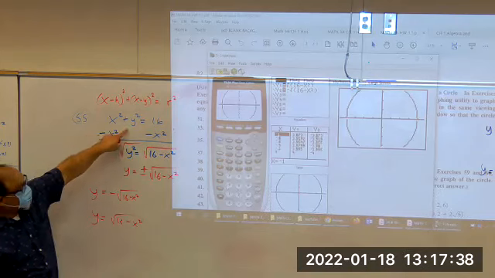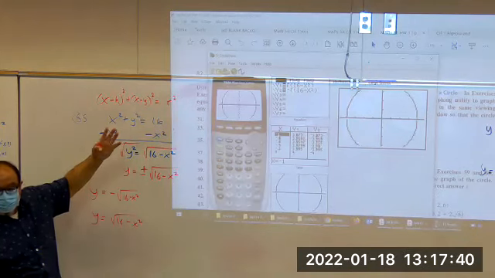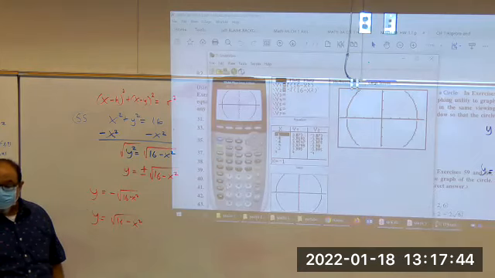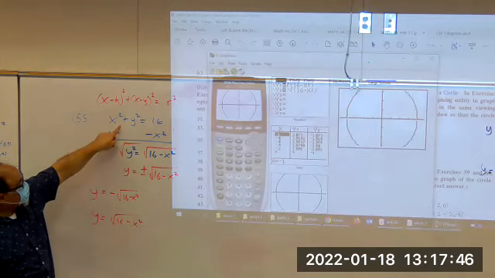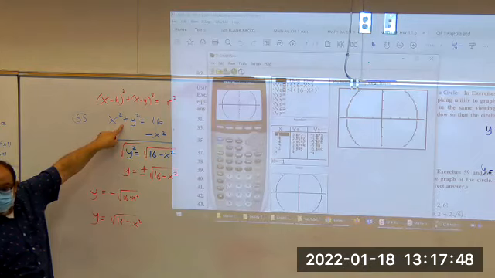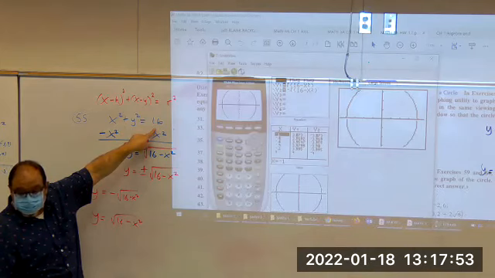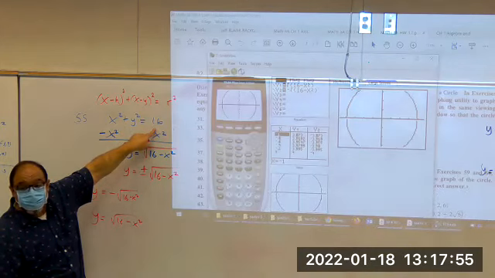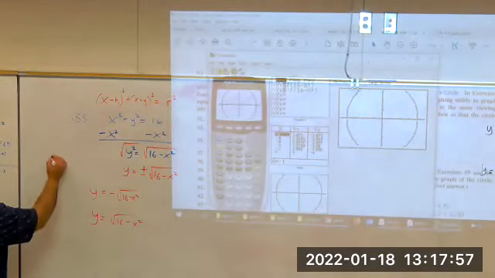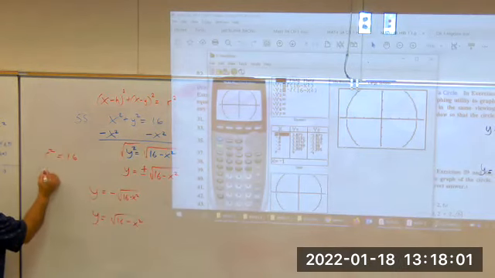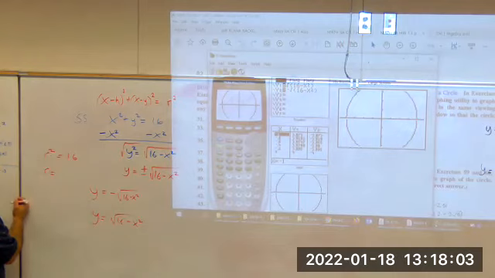So since I just have x and y and there's no minus, there's no parentheses, h has to be a 0, k has to be a 0. The center of this circle is the origin, 0, 0. Now 16 represents the radius squared. So if 16 is equal to the square of the radius, then what's the radius of the circle actually going to be? 4.